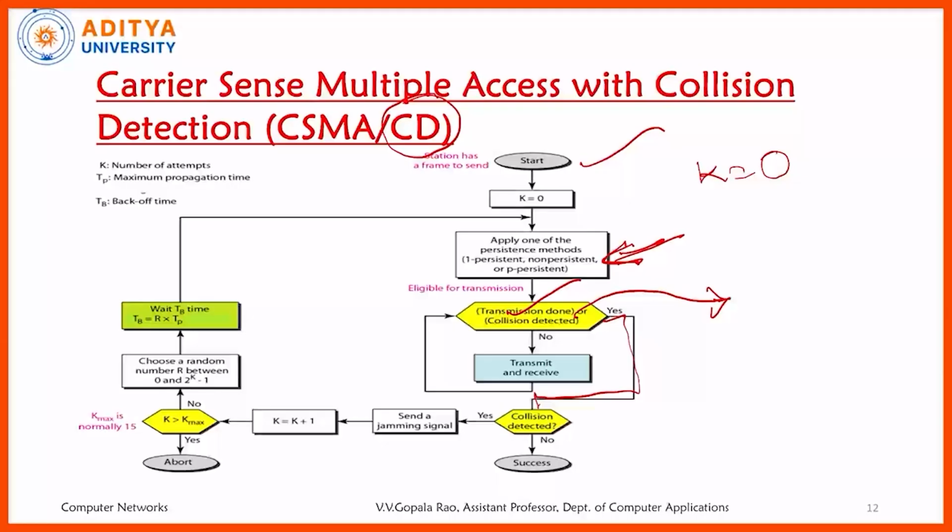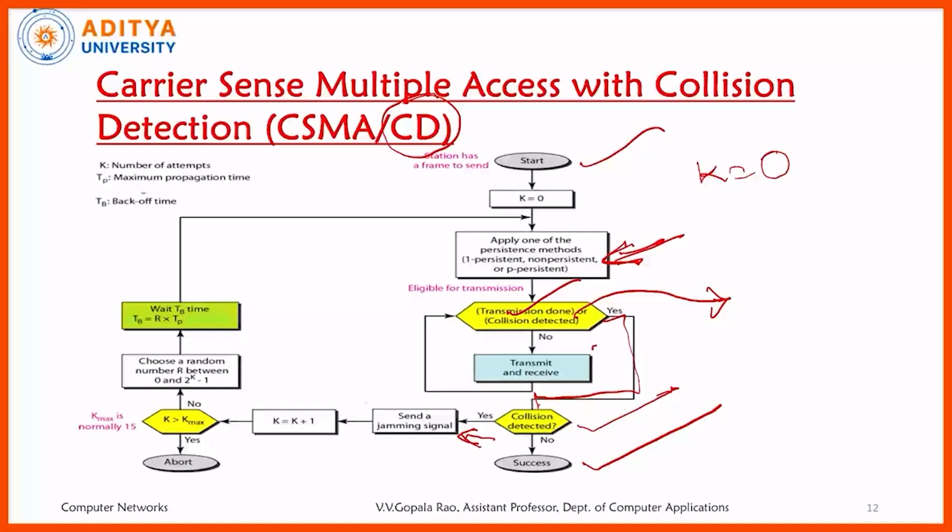But once you go to the next step, which asks whether any collision is taking place during transmission, it may be yes or no. If it is no, that means no collision took place during the transmission, and the transmission is successful. If a collision is detected, then you go directly to the yes direction. So that is about when the transmission is done.